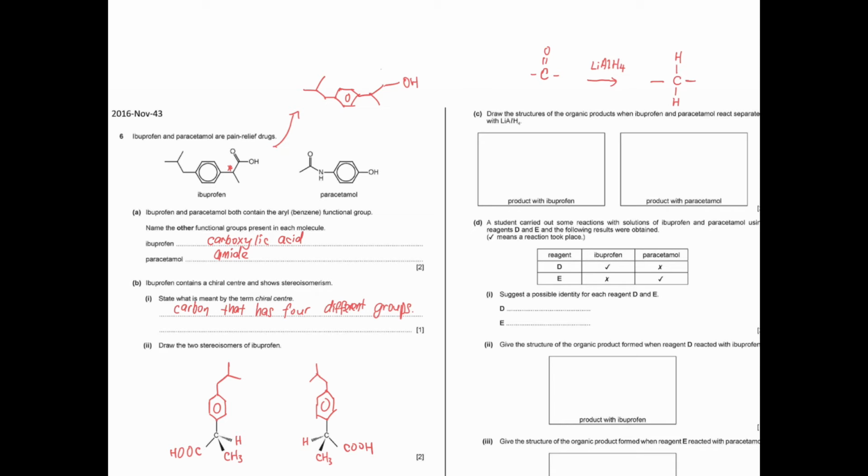So the lithium aluminum hydride should change the C double bond O to CH2. For ibuprofen, the C double bond O here, this particular part, becomes CH2. We just draw it like that. Now let's put the answer here.